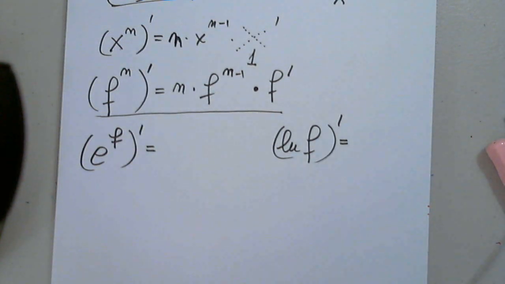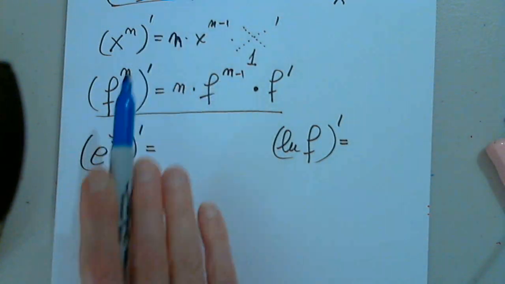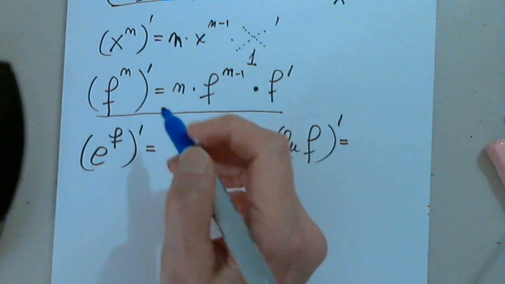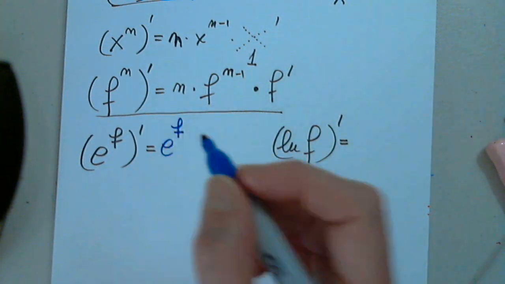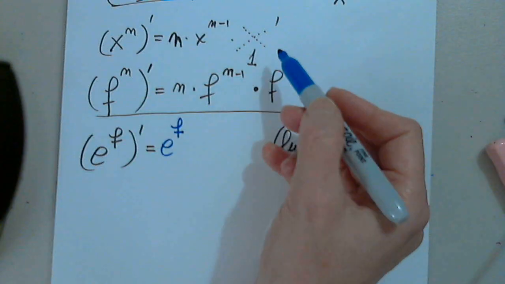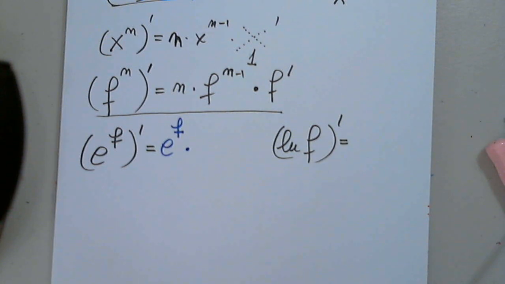Careful. So e to f prime has to be e to f. Here I should have written times x prime, but I didn't because there is no need. It's 1. But here I have to do what?